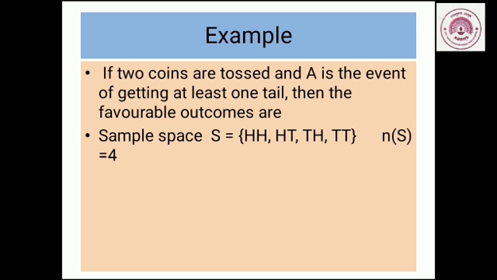So n(S), that is the number of sample points in sample space S, is equal to 4. Now here we have to select the outcomes with at least one tail. At least means it can be one and more than one. So how many outcomes are having one or more than one tails? We can select HT, TH and TT.